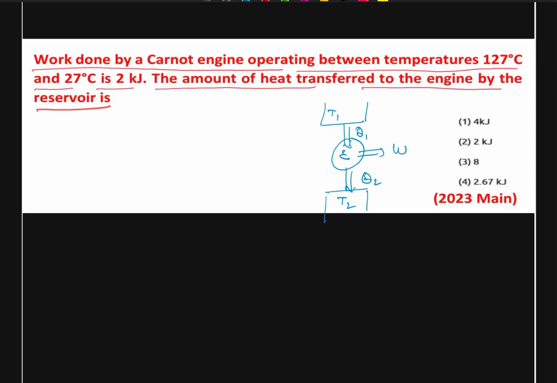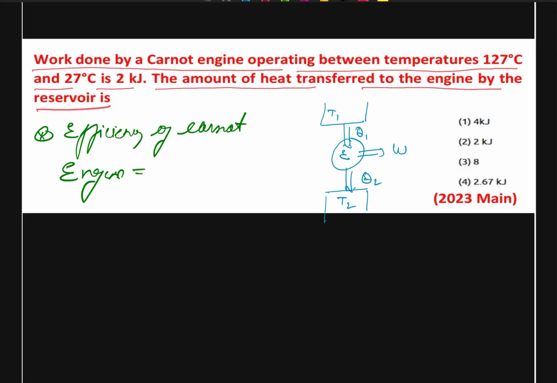And we know that the efficiency of our Carnot engine, that is eta, is equal to 1 minus T2 upon T1.